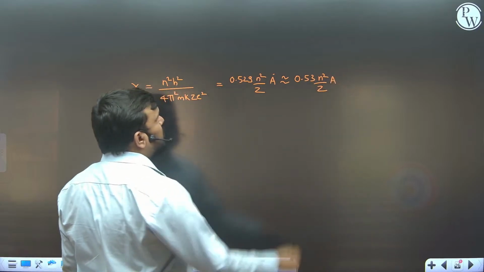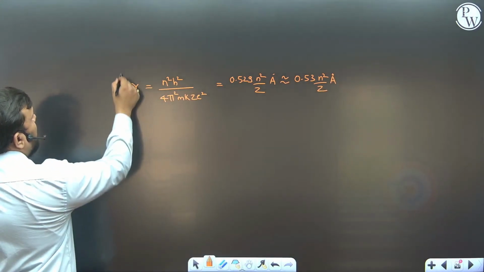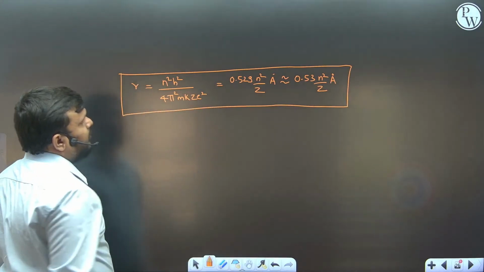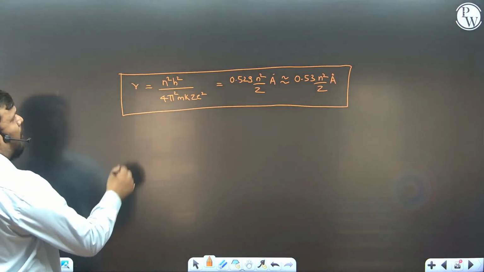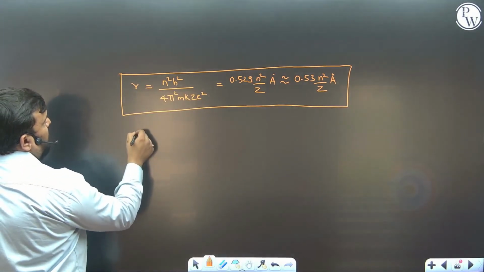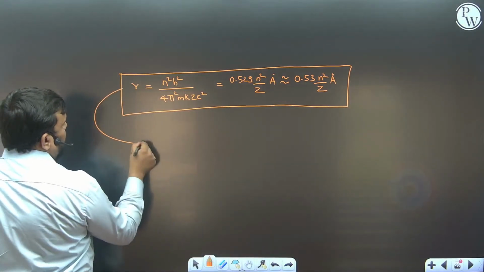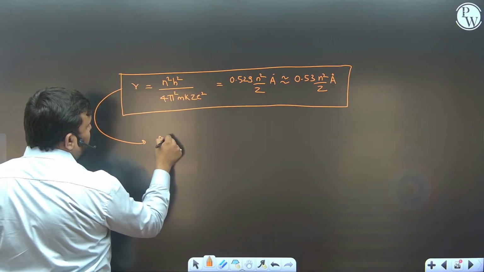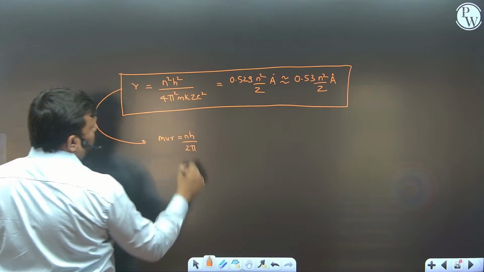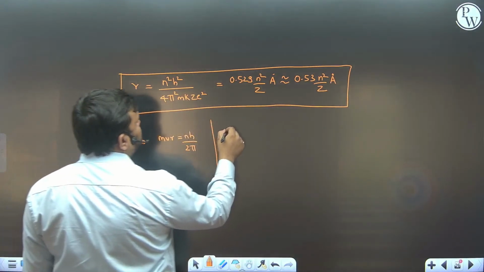So this is the radius which we can calculate of various orbits by having the Bohr model, of course for the single electron species only. And now we are putting this radius value in our equation mvr is equal to nh upon 2π. So by having this r value over here, we can get the velocity equation also.